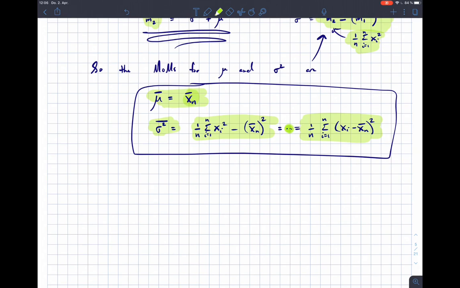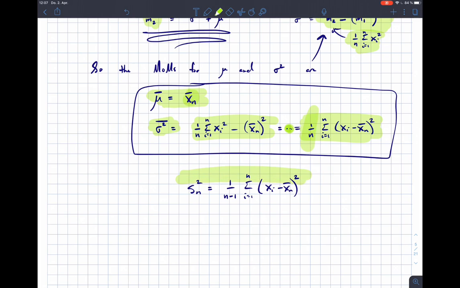What do we notice about them? We're kind of used to seeing, for our estimator of the variance, division by n minus 1 instead of division by n.